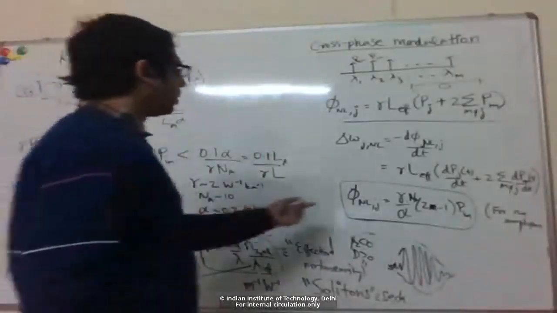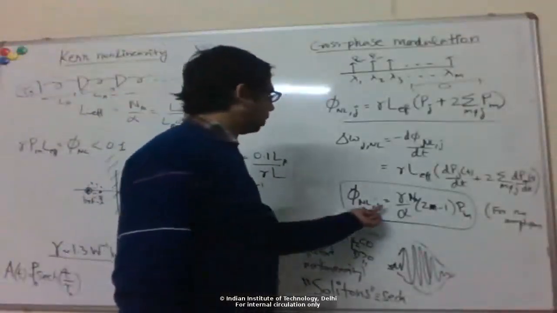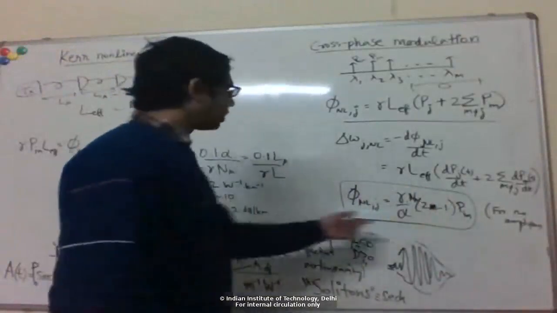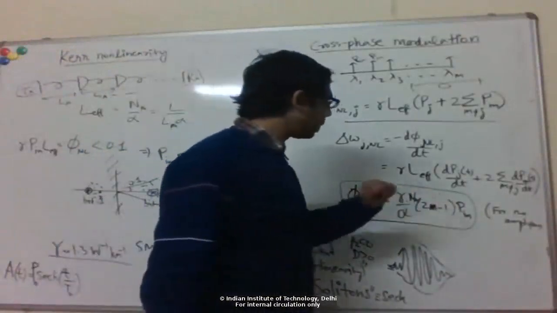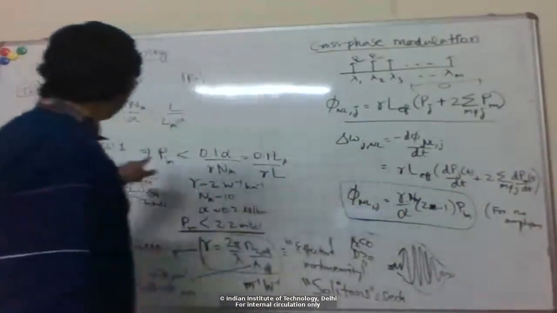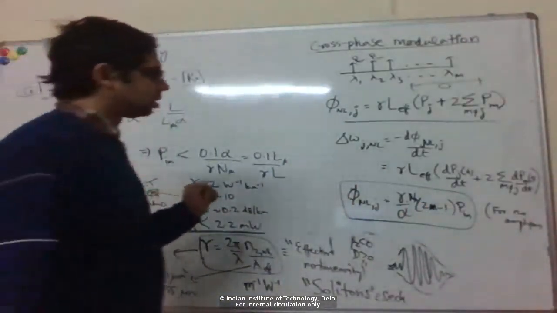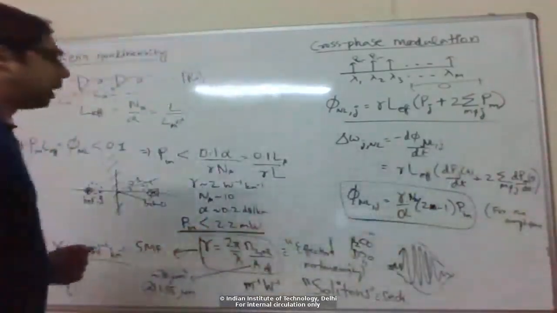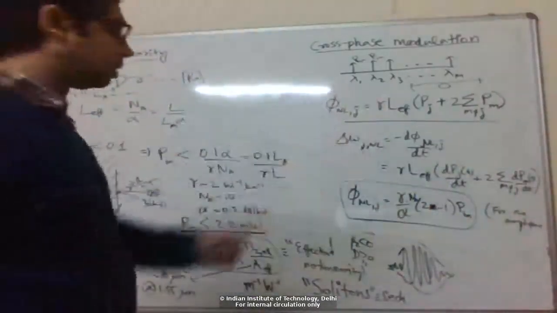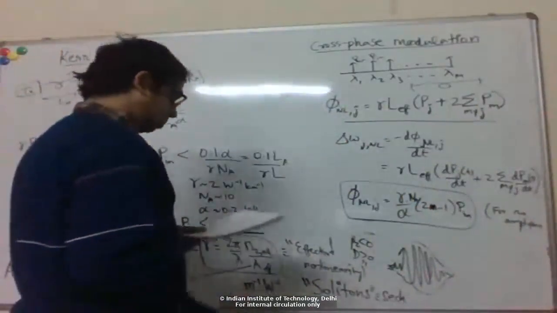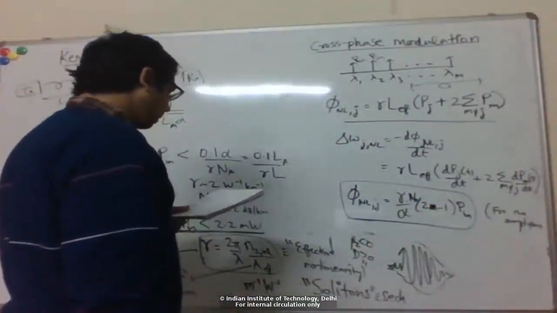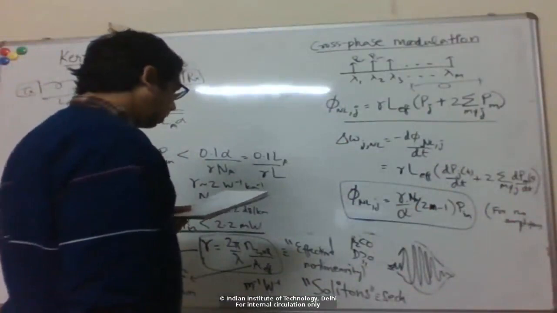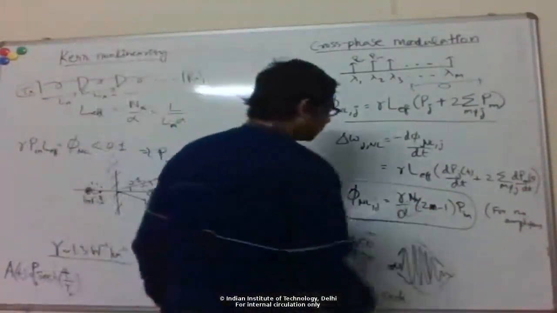Okay, so this is the worst case scenario, right? You can see that it's worse by a factor of 2m minus 1, where m is the total number of channels, compared to just self-phase modulation, because you have m minus 1 other channels also influencing you. So this is the worst case.